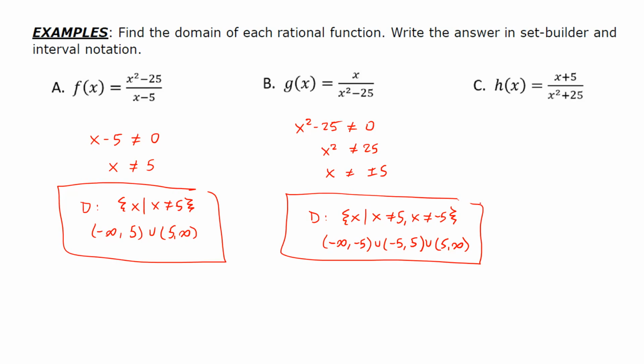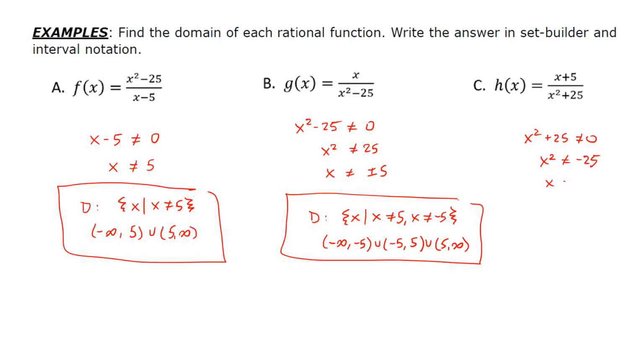Now for c, h of x, our denominator is x squared plus 25. So this is similar to b, except we have a positive 25 instead of a negative. Our denominator cannot equal 0 unless x squared equals negative 25.